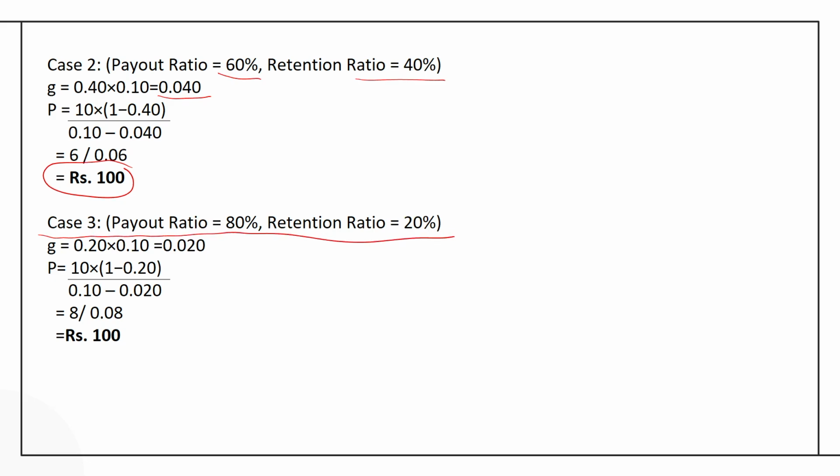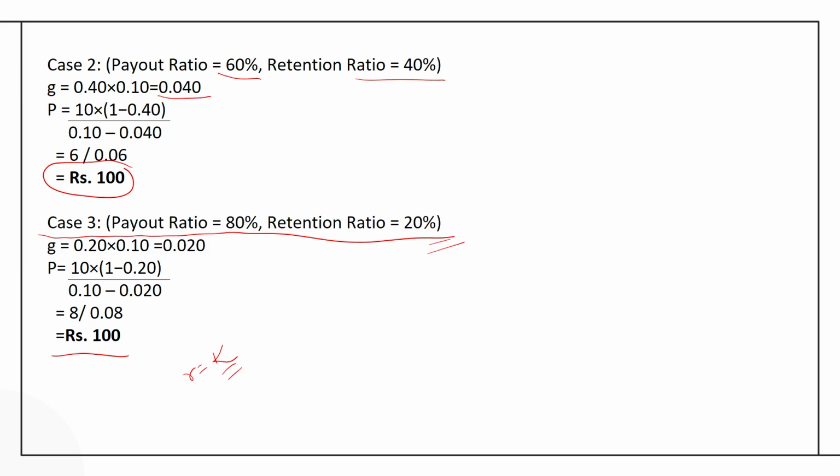Even when the payout ratio has increased to 80%, leaving only 20% in the firm, the ratio was not creating any difference in the value of the firm. It is because r is equal to k.